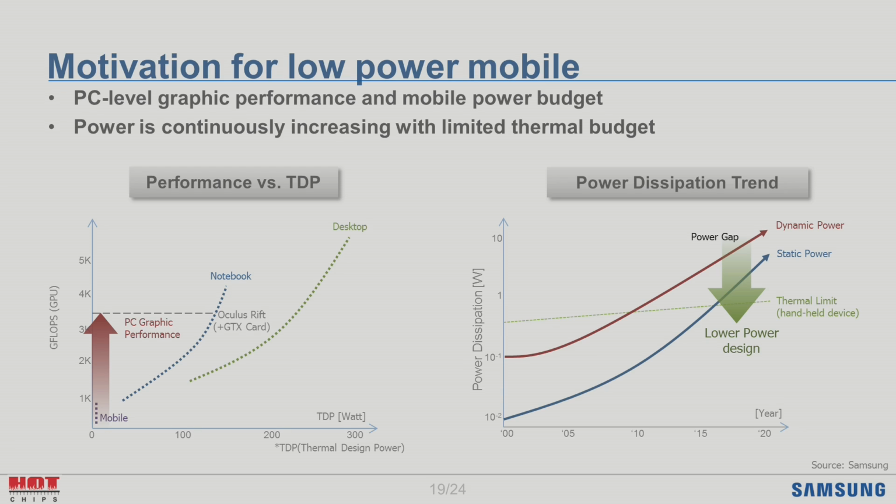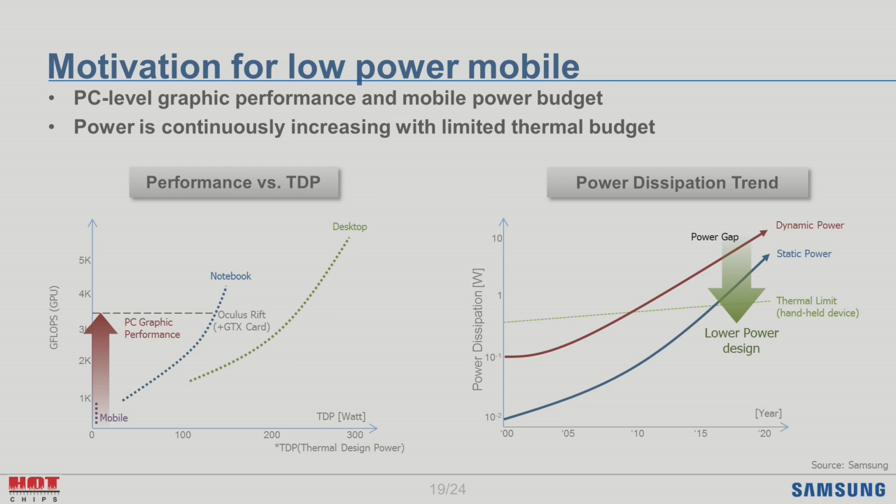Anyway, the picture on the left shows the performance of each application versus the thermal design power. On the right side is the power dissipation trend over time. Although the dynamic and static power sharply increased, the thermal limit increase is very small, very slow.